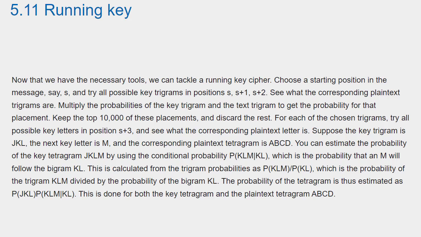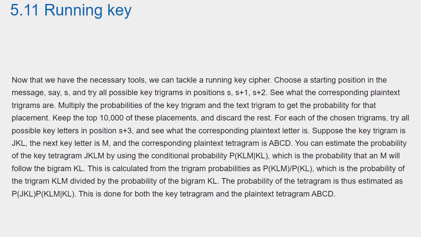This is calculated from the trigram probabilities as P(K, L and M) over P(K and L), which is the probability of the trigram KLM divided by the probability of the bigram KL. The probability of the tetragram is thus estimated as P(J, K and L) times P(M | K and L).